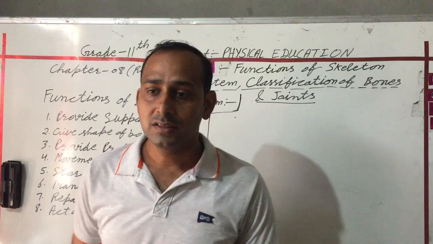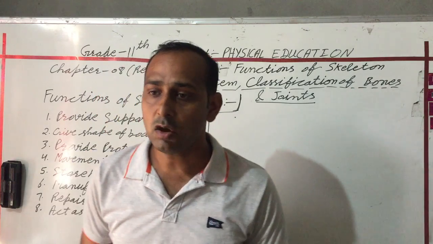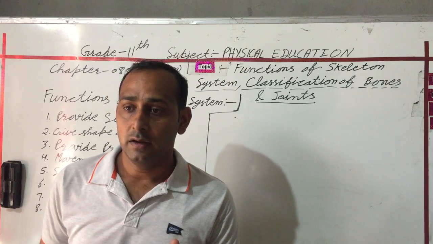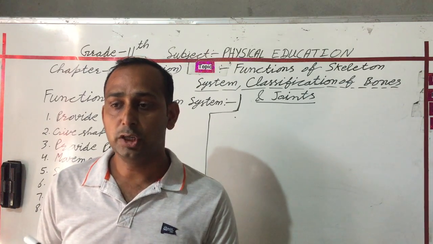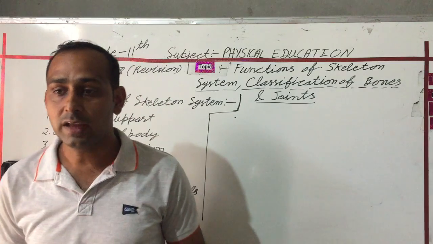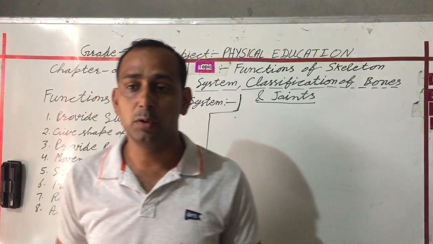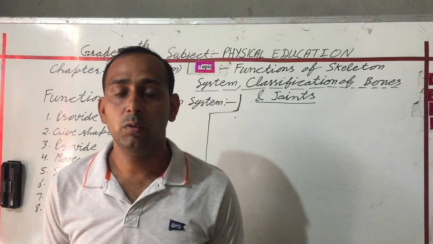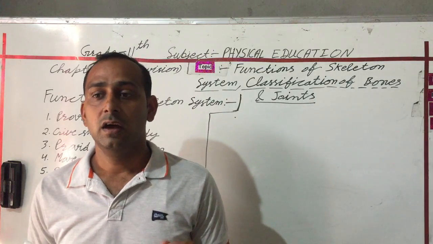The skeletal system consists of bones, joints, cartilages and connective tissues. The human skeletal system is made up of 213 bones in children and 206 bones in adults.